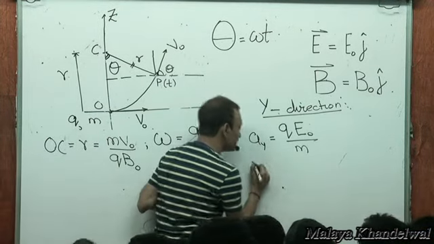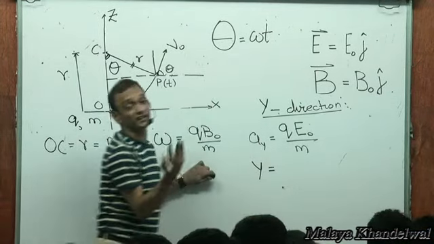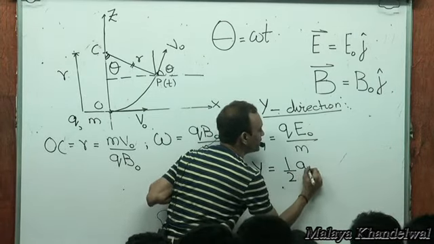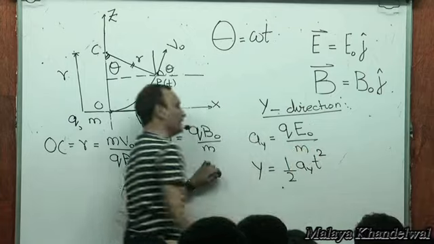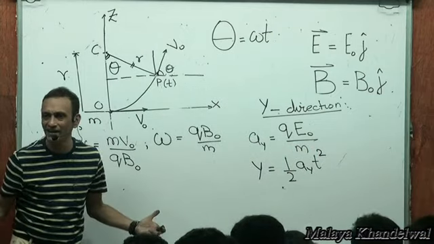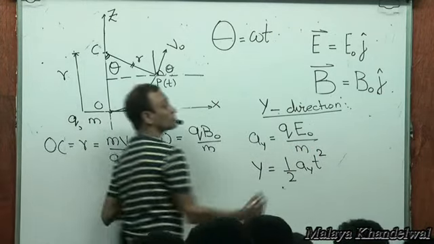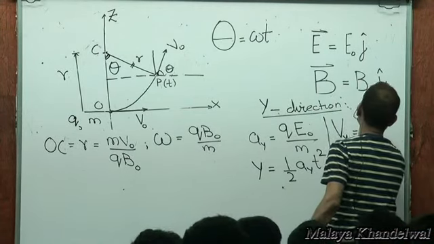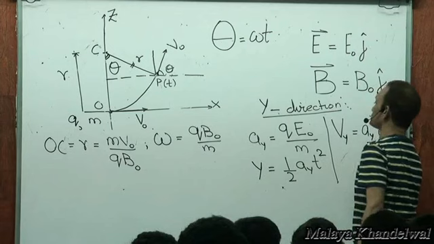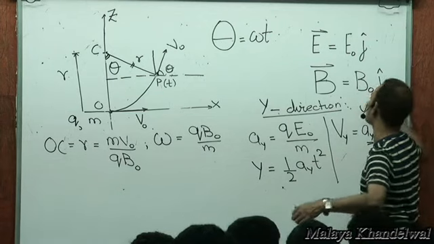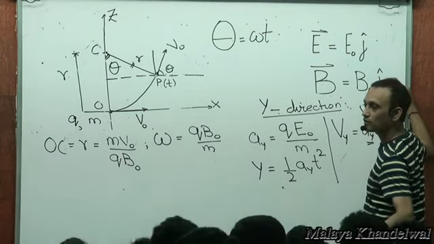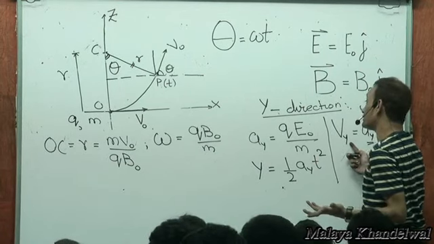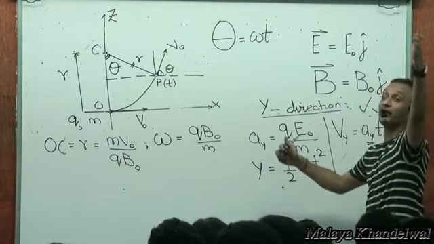So displacement in the y direction, initial velocity in the y direction is 0. So displacement in the y direction t seconds later is going to be half of ay into t squared, constant acceleration in the y direction, right? The velocity in the y direction t seconds later is going to be ay into t. Initial velocity in the y direction is 0, ay is qE0 by m. Yes or no?